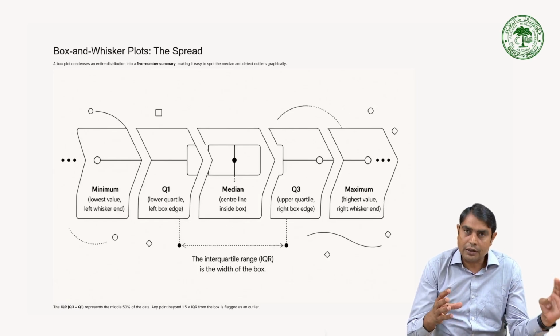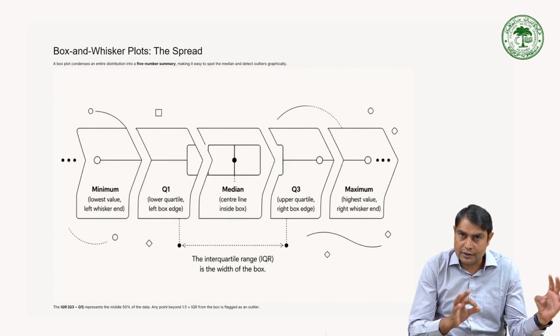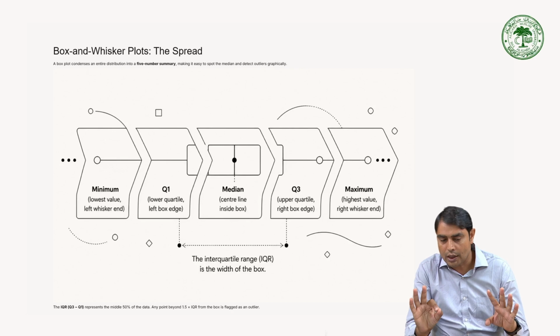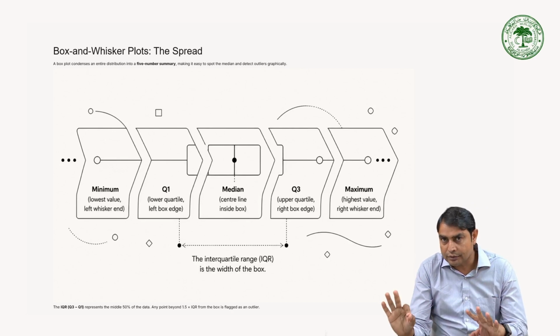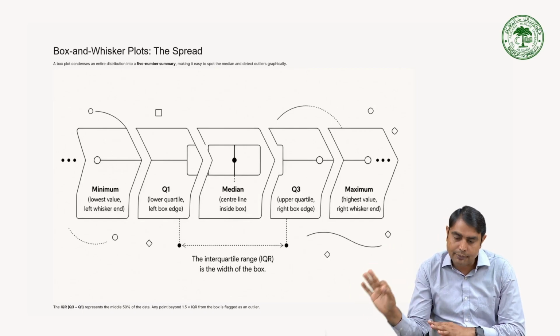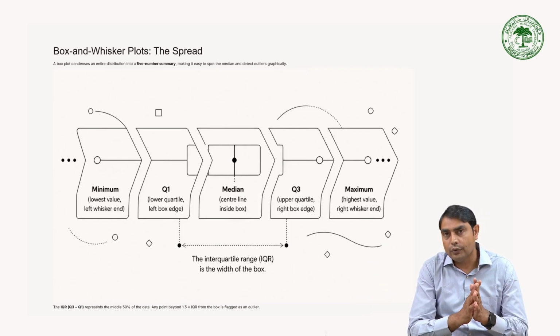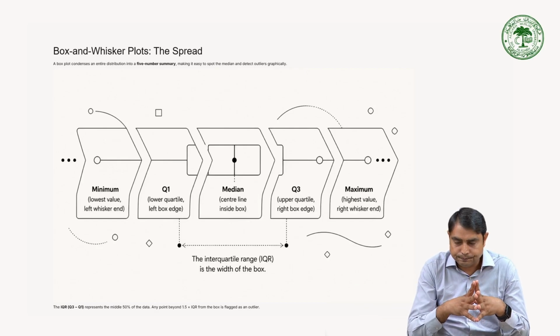On the left hand side, the minimum or lowest value is the end of the whisker. Then you have Q1, the lower quartile, then the median, then the upper quartile Q3, then the maximum value, the highest value, which is the right end of the whisker.